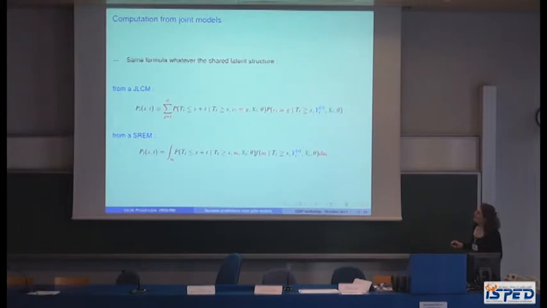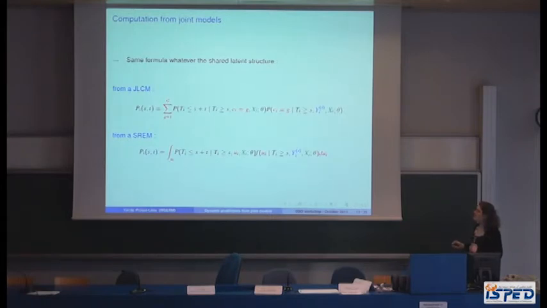Basically, we have a conditional probability of having the event between time S and time S plus T, given that we are in a certain latent class. And then we weight that with the probability of belonging to this latent class, given all the information we have collected until that time. We average that over the latent classes.